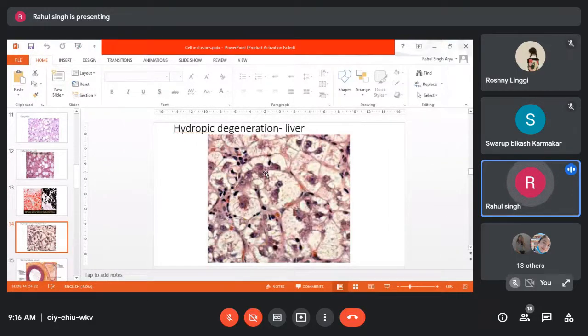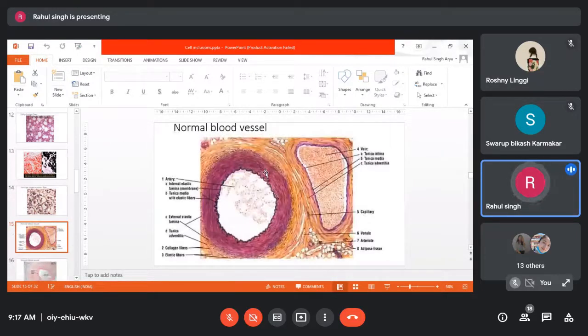Vesicles are especially seen under the skin and on surfaces where the covering is strong enough to hold on to that cystic structure. Otherwise, this hydropic degeneration very soon will turn into necrosis in normal cells. You can understand that this is the next stage of the cellular swelling. All right.